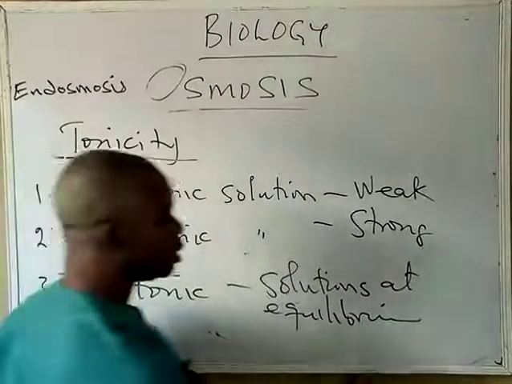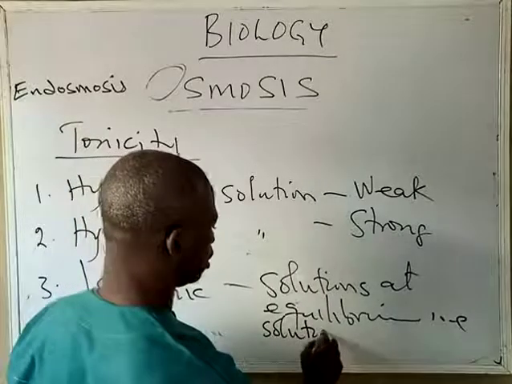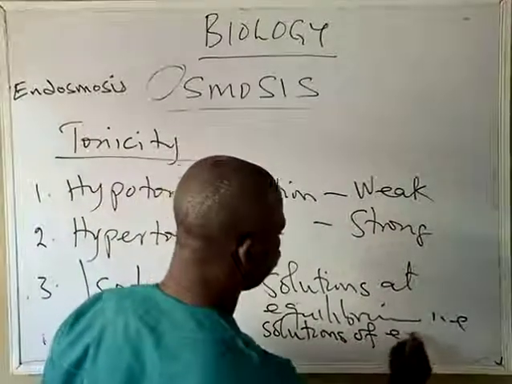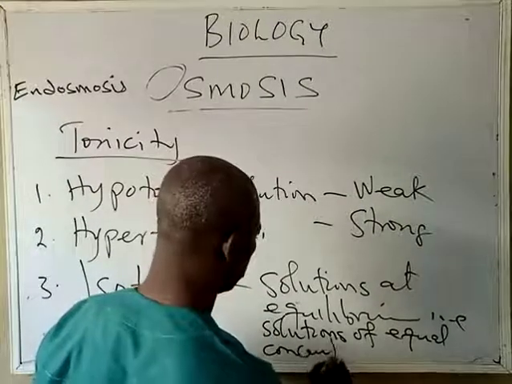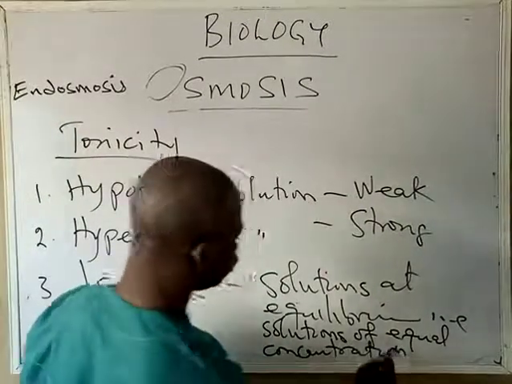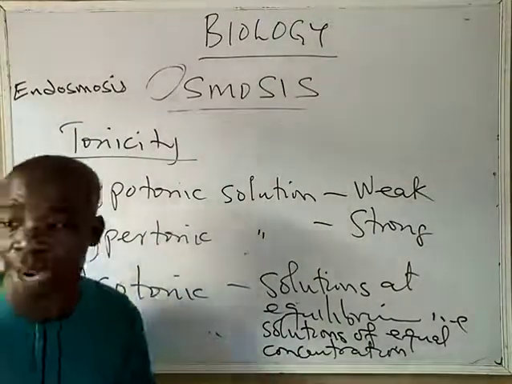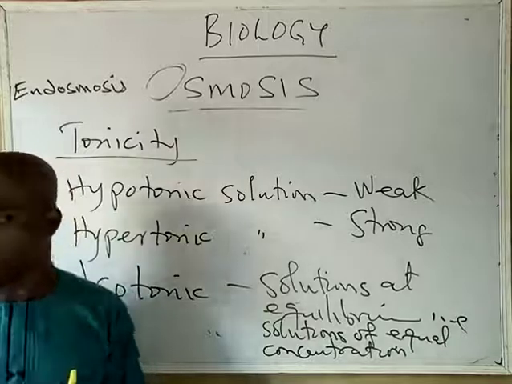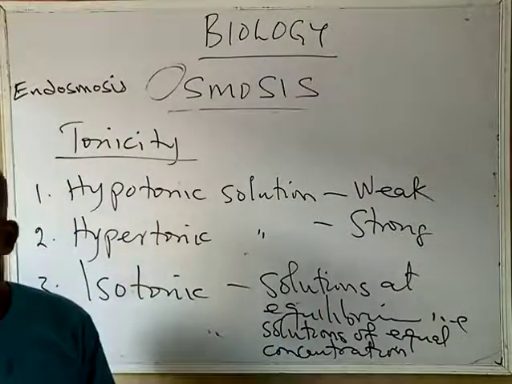That is, solutions of equal concentration. Solutions of equal solute concentration that are separated by a semi-permeable membrane. So they are said to be isotonic to one another. You understand it now?